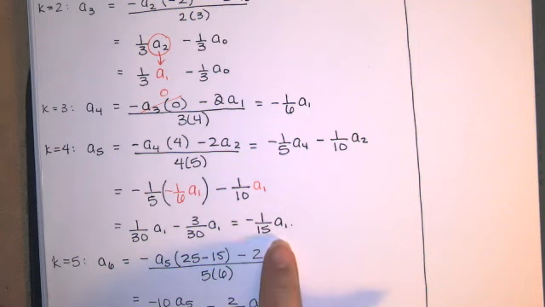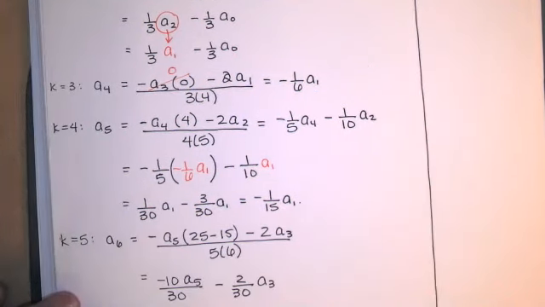And a sub 5 ended up being negative 1 over 15 times a sub 1. And a sub 3 is 1/3 of a sub 1 minus 1/3 of a sub 0.